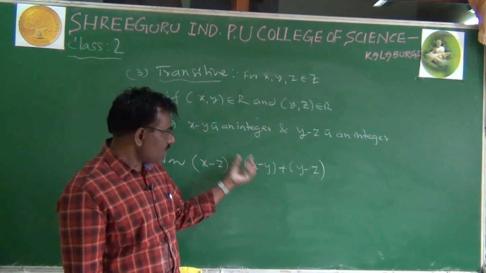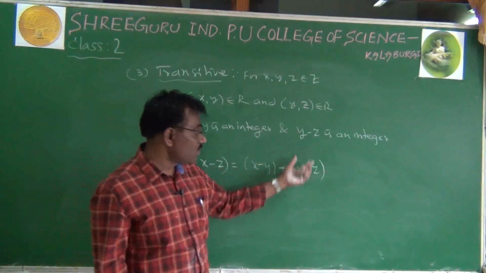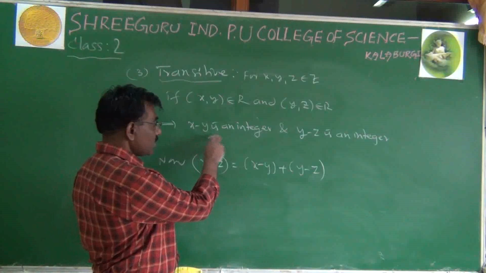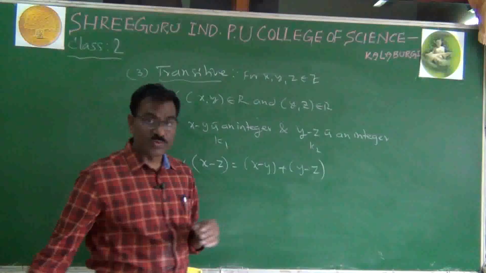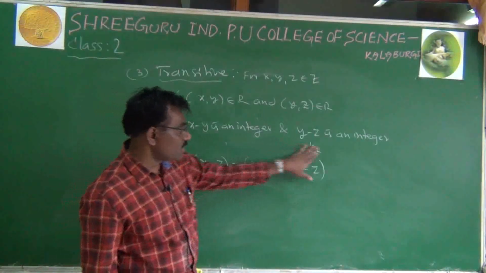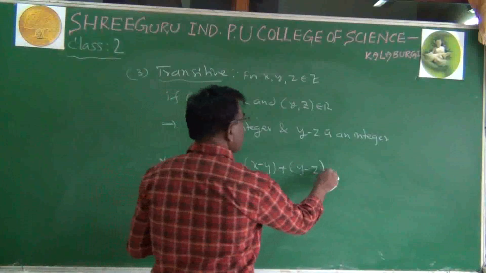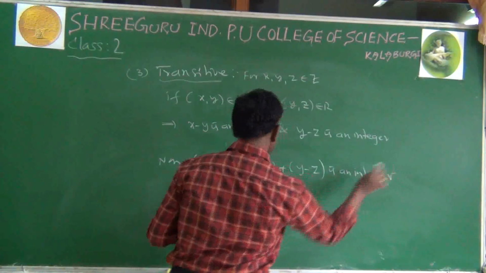So this is k1 plus k2, and the sum of two integers is again an integer.